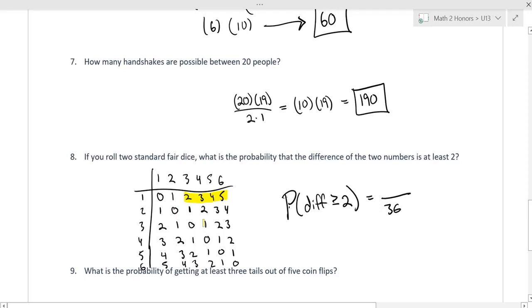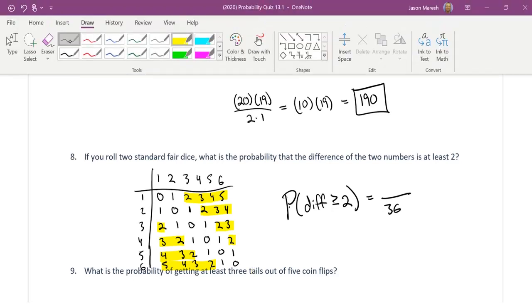So you have 4 there, 3, those. All right, and so just count up what I highlighted.